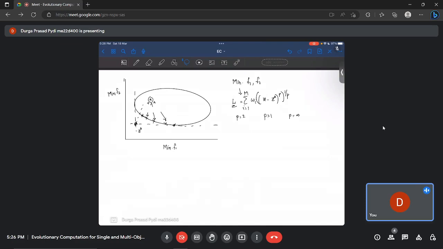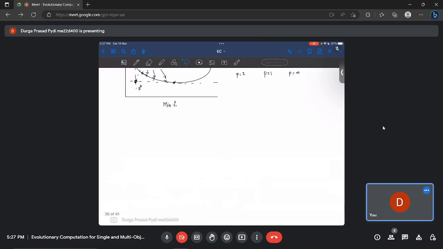At convergence, what you essentially want is each of these individuals to go and join one particular value on the Pareto front. So we need a fitness function that will drive our optimization in that direction. In a single objective case, our fitness essentially has only the objective function.